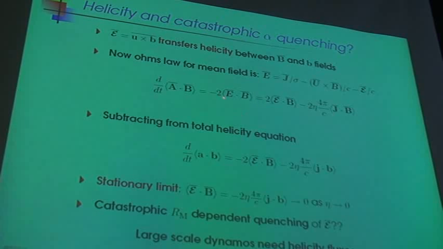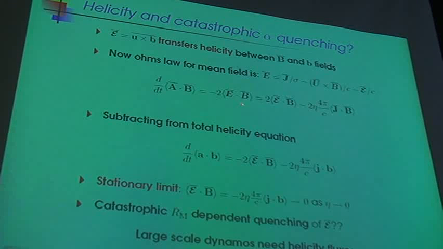But what is this electric field? This electric field is now the mean electric field. And if you look at the mean electric field, as you saw right from Karl Heinz's lecture, the mean electric field is J bar by sigma, minus U bar cross B bar by c, but now there's an extra term, which is small u cross small b averaged, by c.